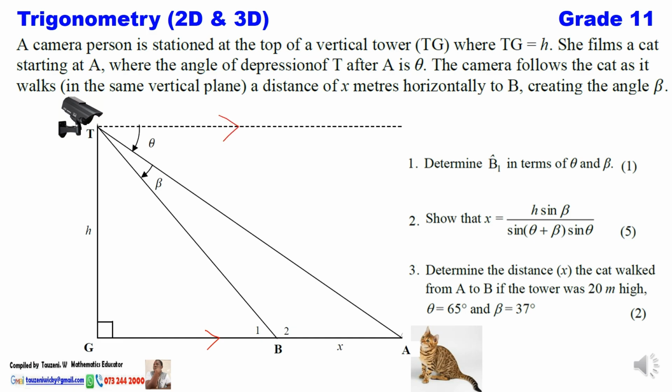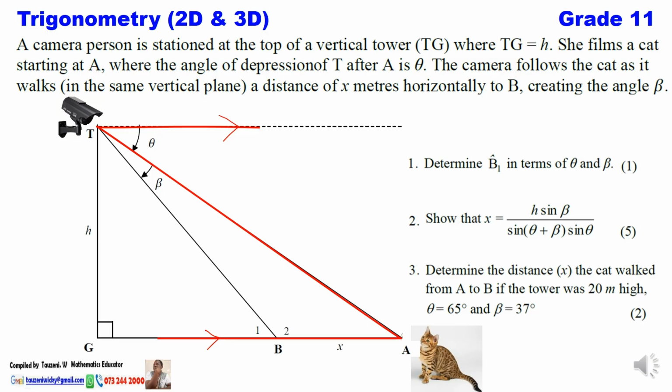That means the lines are parallel to each other. Parallel lines create alternate angles, corresponding angles, and co-interior angles. In this particular case, we are mainly focusing on alternate angles, because the angle of depression and the angle of elevation are equal, they are alternate angles.